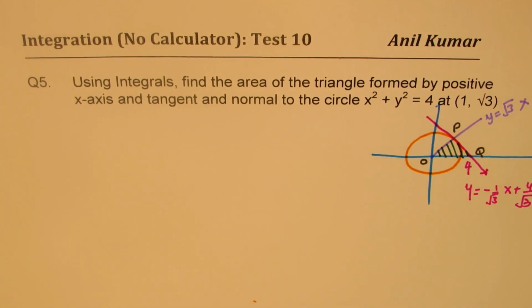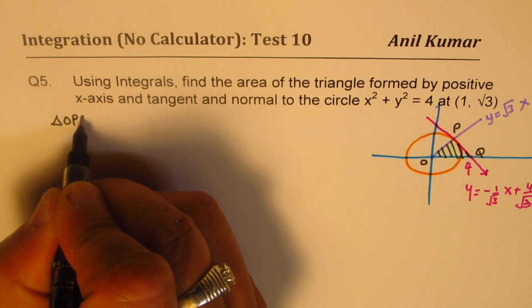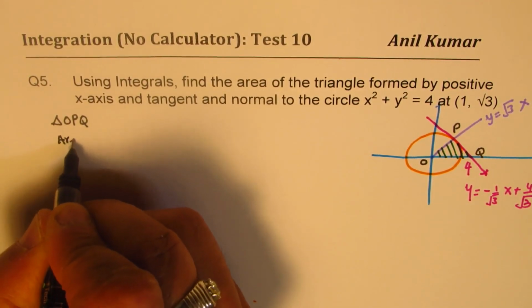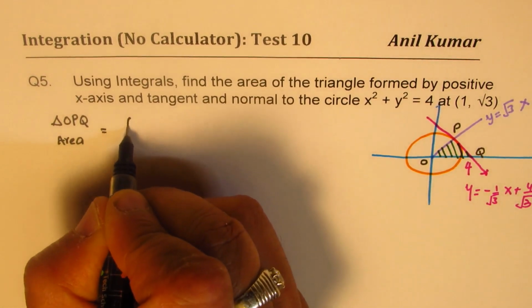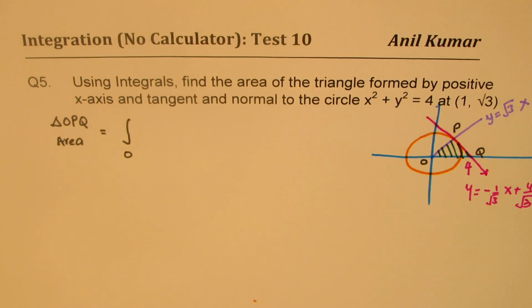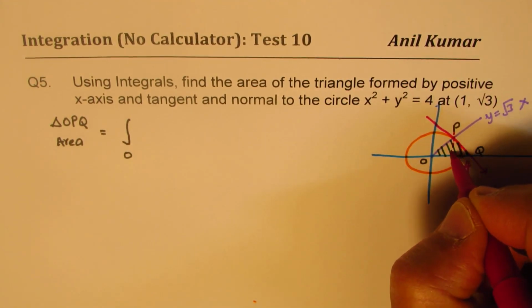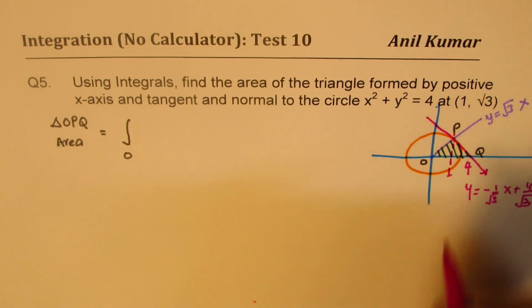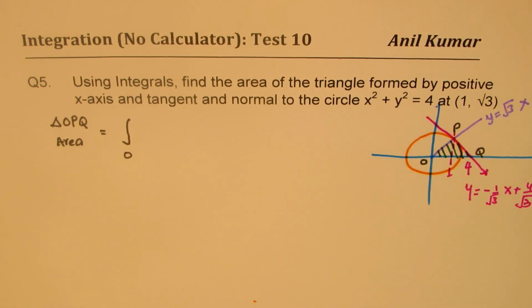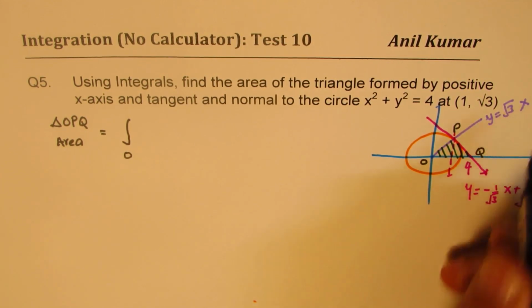Okay. So the area of triangle OPQ can be given as the integral from 0 to 1. So here, as you can see, till 1, we are looking for the area under the straight line y equals to square root 3x, right?